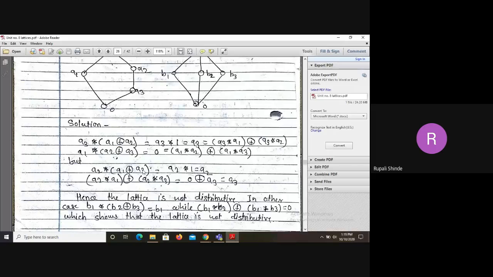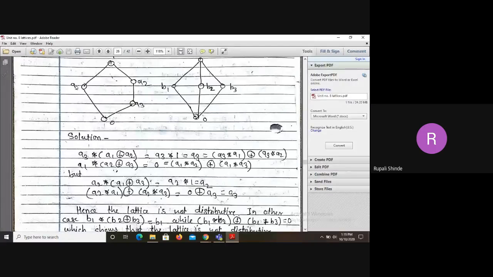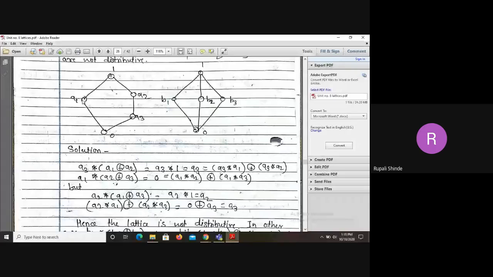Now for this we have to check. First of all, we will solve this bracket, A1 XOR A3. For this one we have to find the least upper bound for the pair of elements A1 and A3. So what is the value for A1 XOR A3? 1.